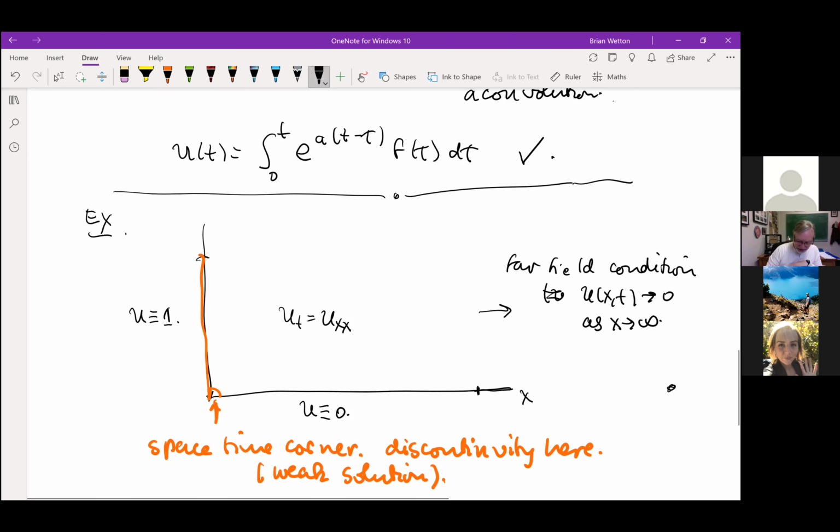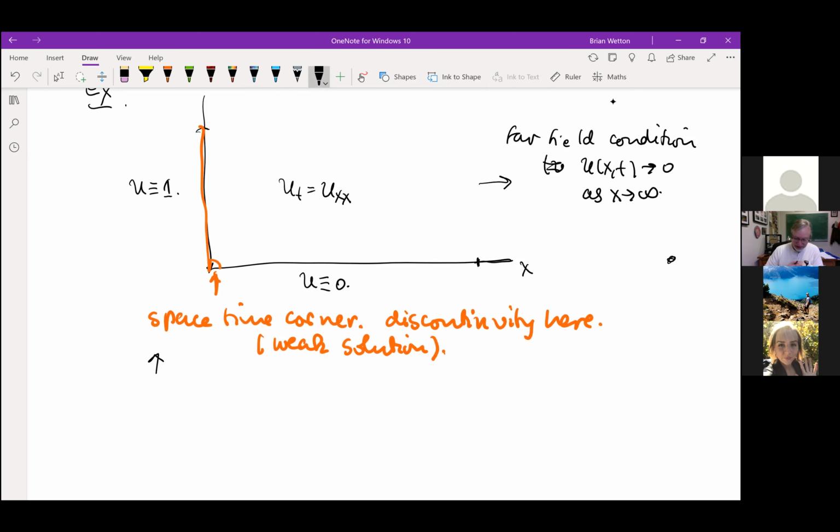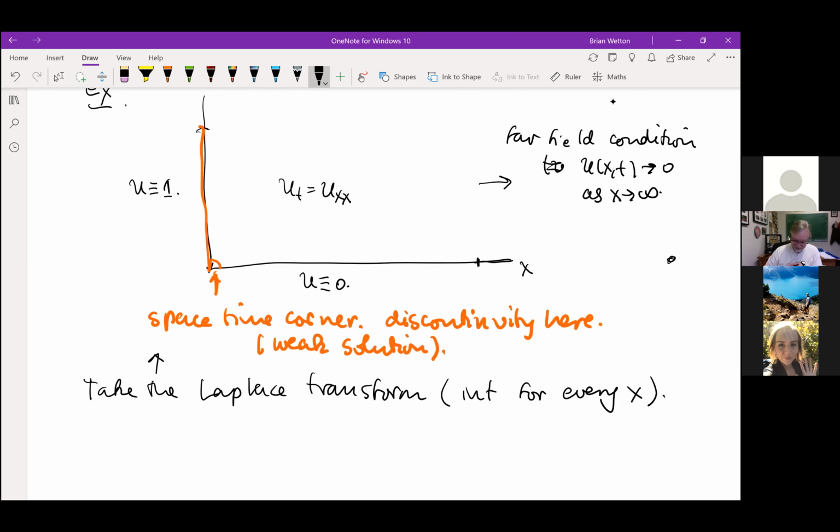Okay, so let's have a look at what comes out of this thing. Let's take the Laplace transform. Now maybe I should be a little bit more careful with what I say. I'm saying take the Laplace transform in t for every x. So I've got a time derivative.